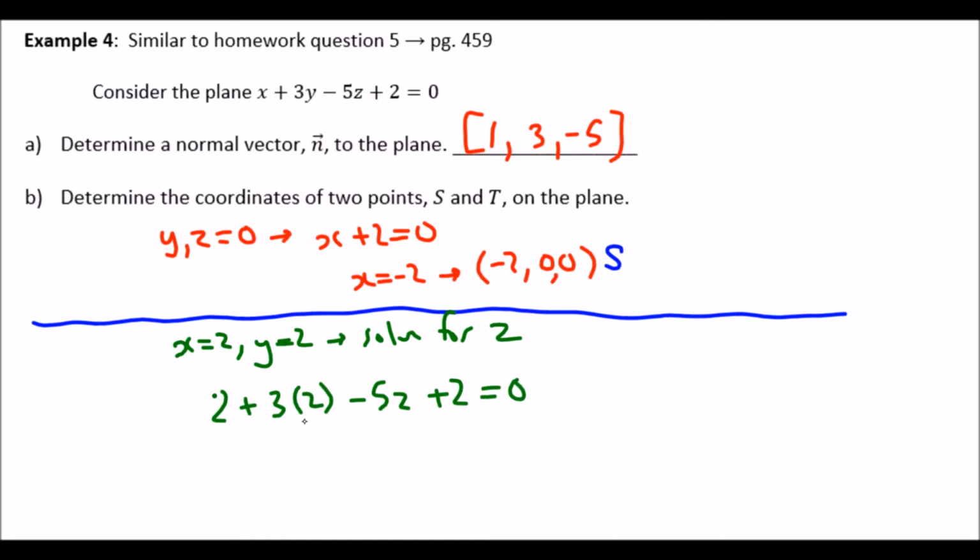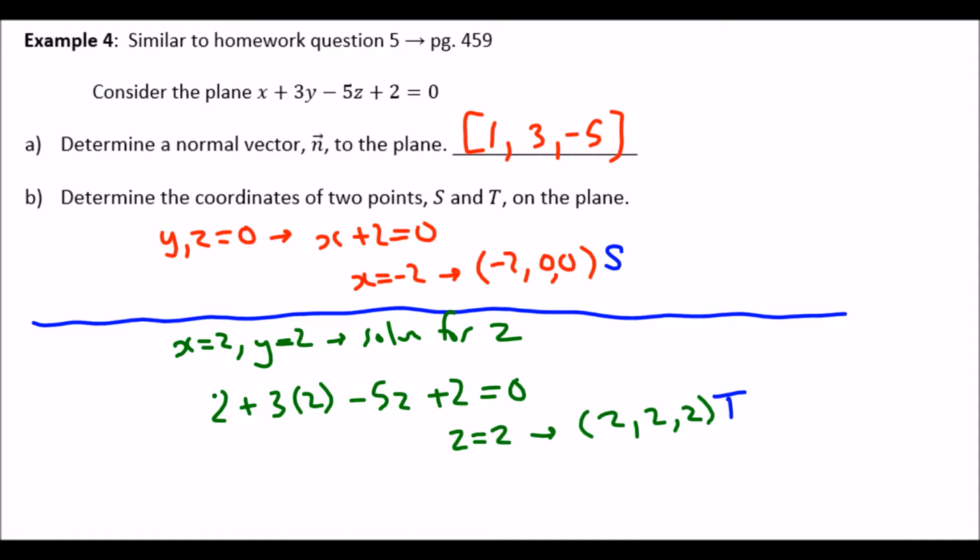That's going to give me 2 plus 6 plus 2 is 10. Bring it over, negative 10. So z is equal to 2. That means my other point will be 2, 2, 2, and I'm going to call that my point T. So negative 2, 0, 0 and 2, 2, 2. There are my 2 points on my plane.